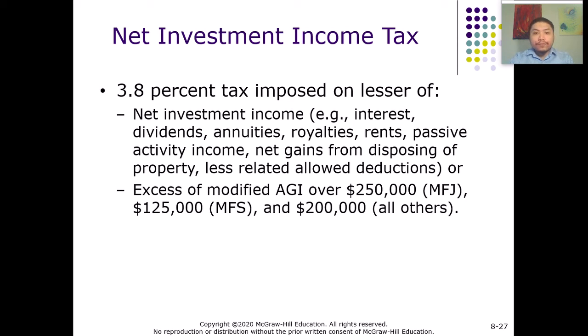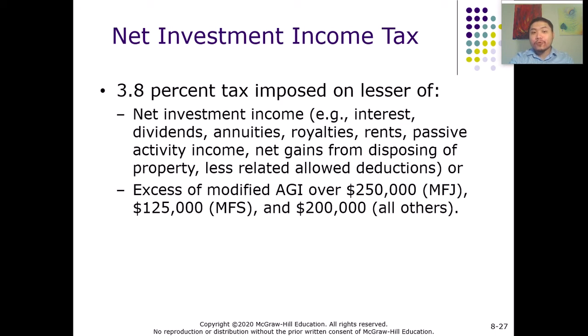So for people whose modified AGI is over $250,000 for married filing jointly taxpayers, or $125,000 of modified AGI for married filing separately, and the threshold is $200,000 for all other taxpayers. So these are the thresholds to tell us who's going to be subjected to this tax.